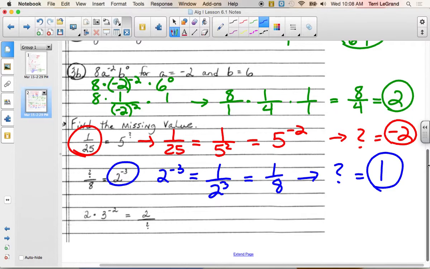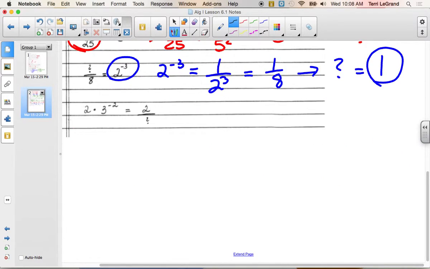Okay, one last one. We have 2 times 3 to the negative 2 power equals 2 over question mark. Well, you know what I'm going to do, right? I'm going to take the stuff we know and work with that. If we say 2 times 3 to the negative 2 power, how can we rewrite that? 2 over 1 times 1 over 3 to the 2nd.